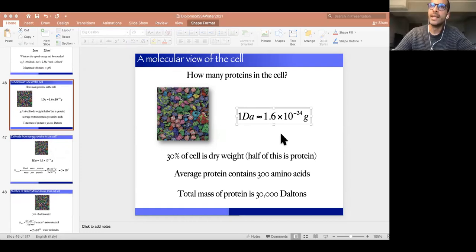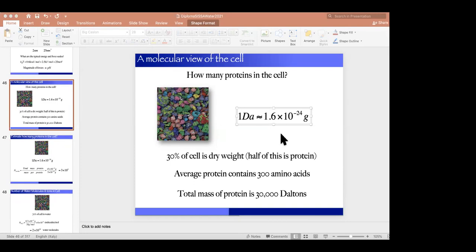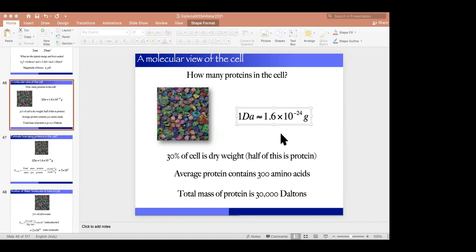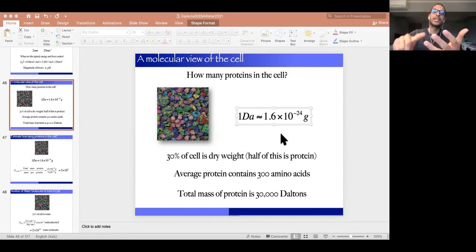Let me explain: remember, a cell has 70% water, 30% is dry weight. The non-water mass comes from proteins, DNA, fats, sugars, ions, and other things. So out of that 30%, half of that is protein.